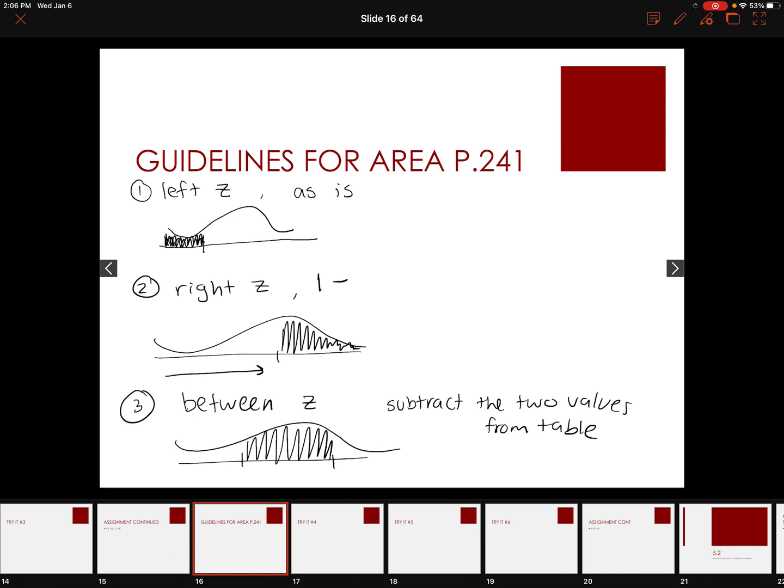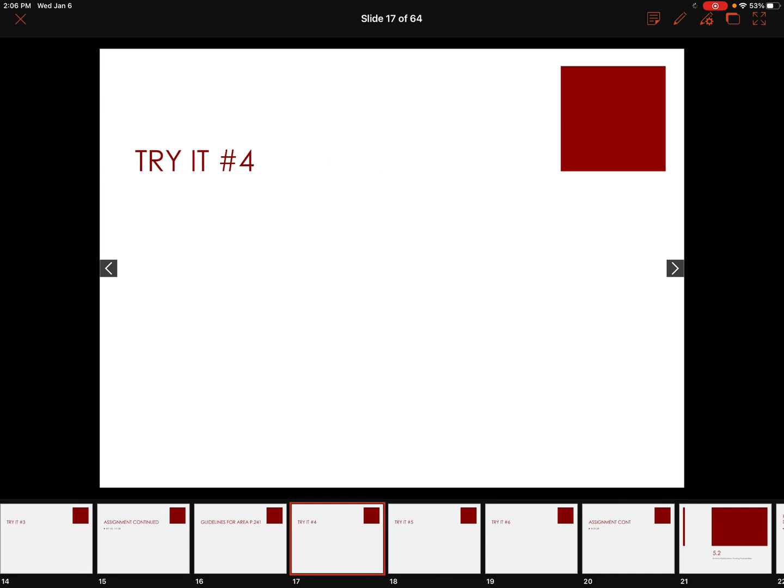So let's do one example of each of these. The first one says find the area of the curve to the left of z equals negative 0.99. So if I were to draw this out on a graph, 0's here, negative 0.99, and I want everything to the left, so I'm going to shade to the left.